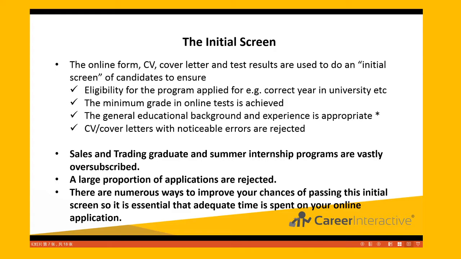So you need to ensure you are applying to the program for the correct year. This is something I really hope all of you can remember. So keep it as a note.